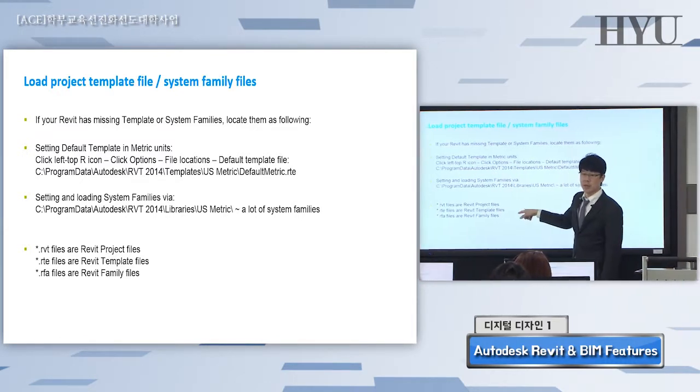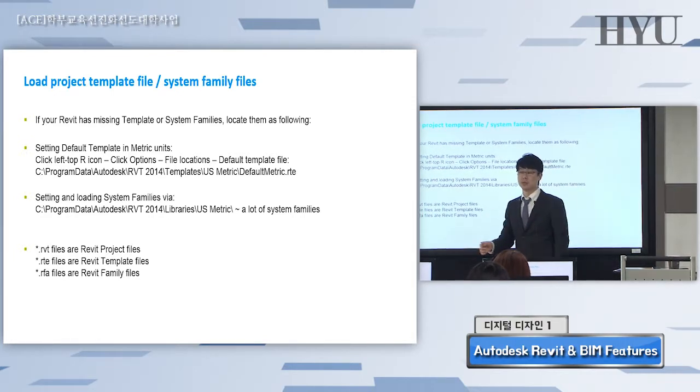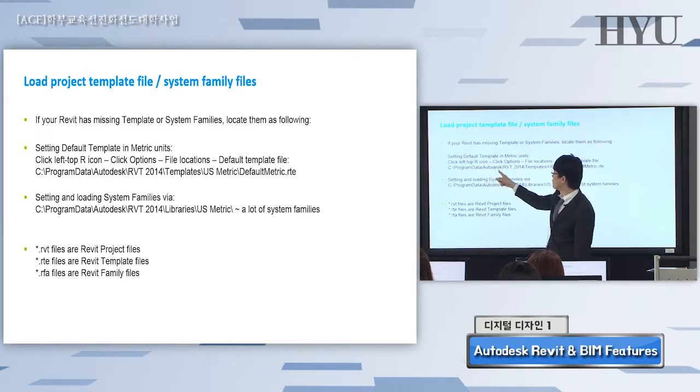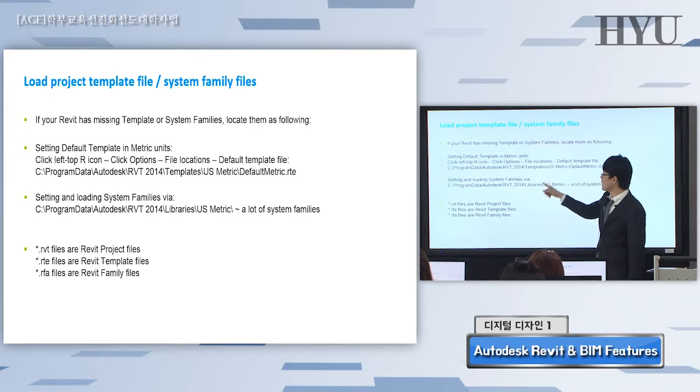You have to see this page if your Revit doesn't have a library, or if you are missing the location of the template file, library file. Take a look at this folder structure. See ProgramData, Autodesk, Revit, Revit 2015, and Templates or Libraries, okay?